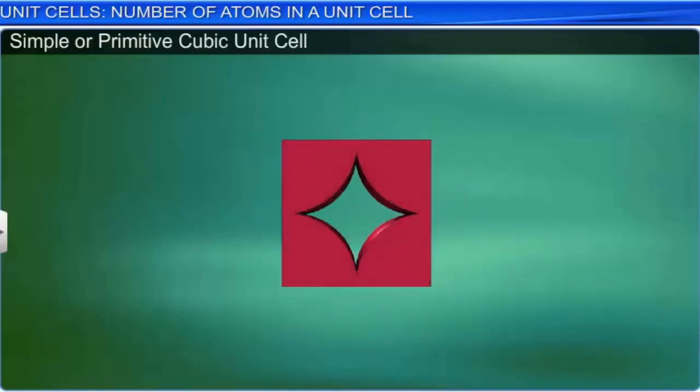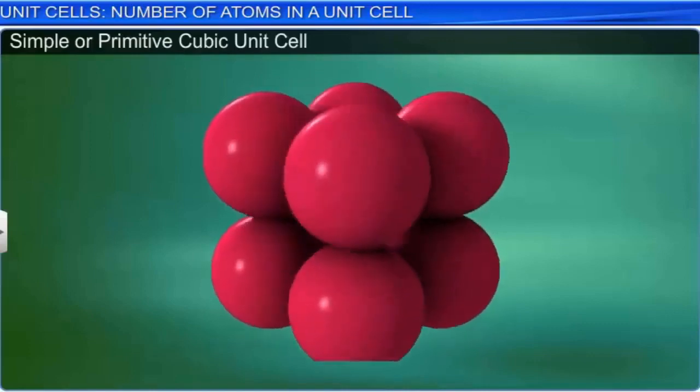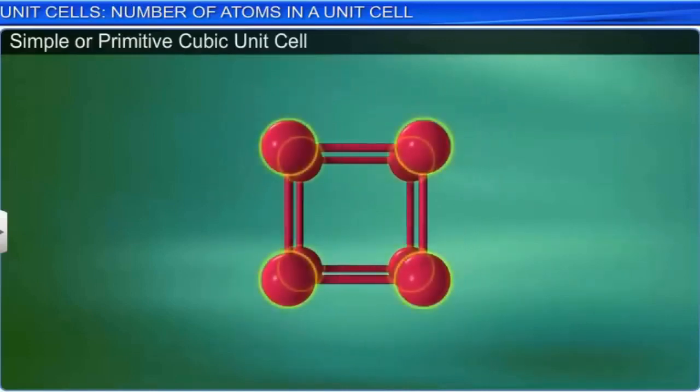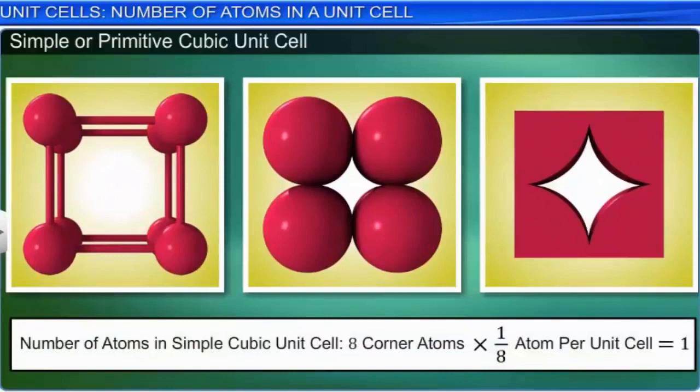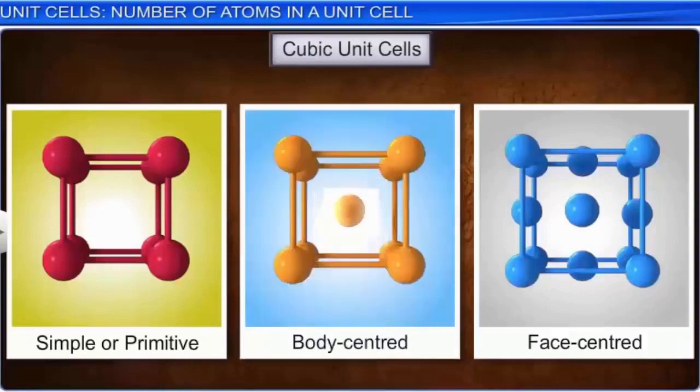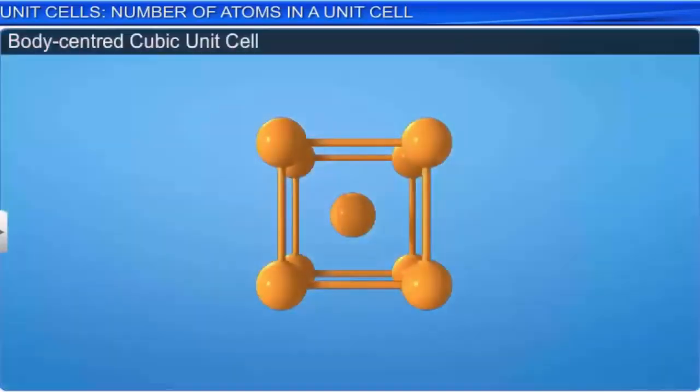There are 8 atoms at the 8 corners. Thus, the number of atoms in each unit cell is equal to 8 corner atoms times 1/8 of an atom per unit cell, which is equal to 1. A body-centered unit cell contains 8 corner atoms, just like in a simple cubic unit cell.